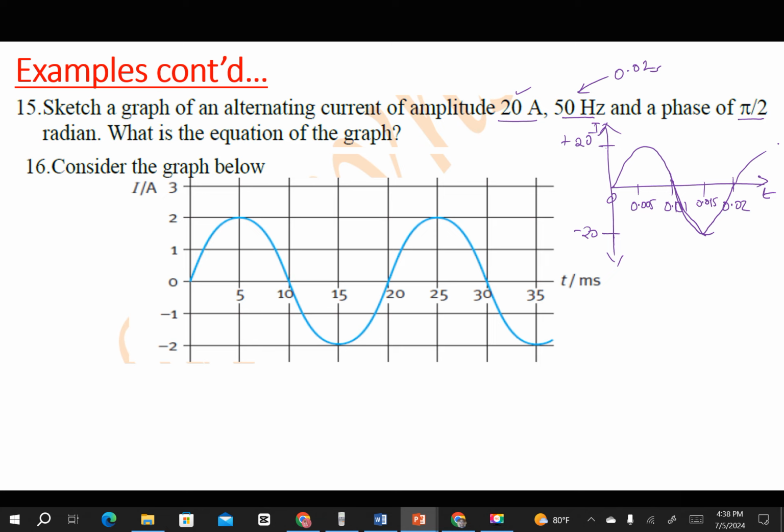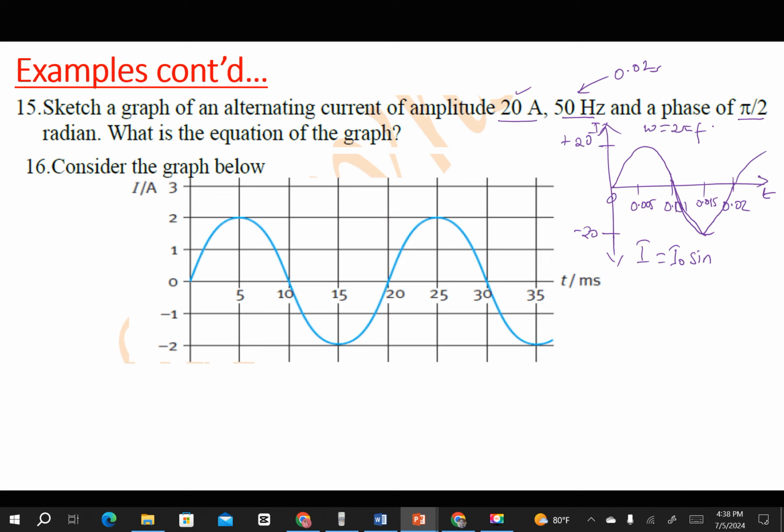What is the equation of the graph? Of course, the equation is I equals I naught sine omega t. Remember, this is frequency; I need to find omega. Omega is 2 pi times f.